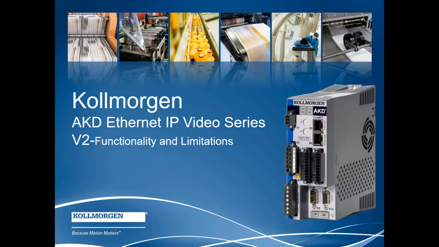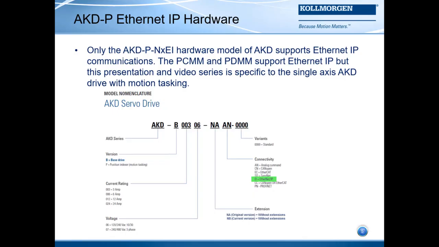In video 2, we're going to talk about functionality and limitations of the AKD Ethernet IP drive. Only the AKD motion tasking drive, P, and connectivity extension EI hardware model of the AKD supports Ethernet IP communications.